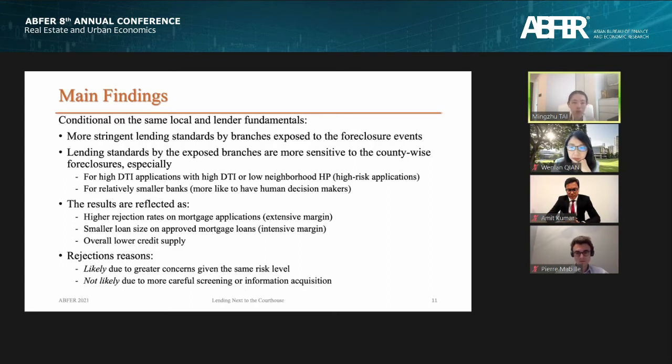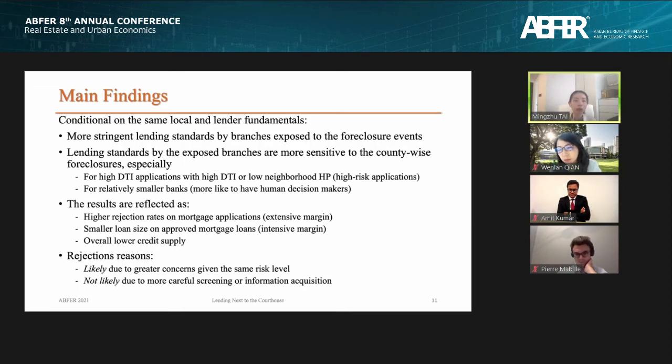Or alternatively, the loan officer can just become more risk averse, given the same risk level, meaning that the loan officer is going to reject more marginal borrowers with relatively high risk. And we provide evidence showing that likely loan officers simply become more risk averse, but they don't spend more effort to better screen or collect information about the applications. So these are the main findings.